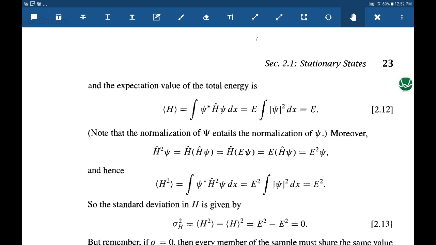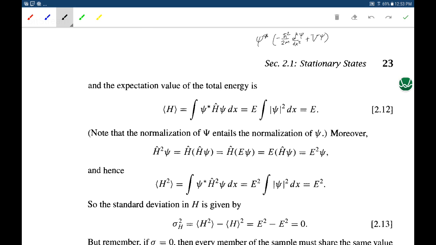So I take psi complex conjugate times negative h bar squared over 2m d squared dx squared psi plus V times psi.